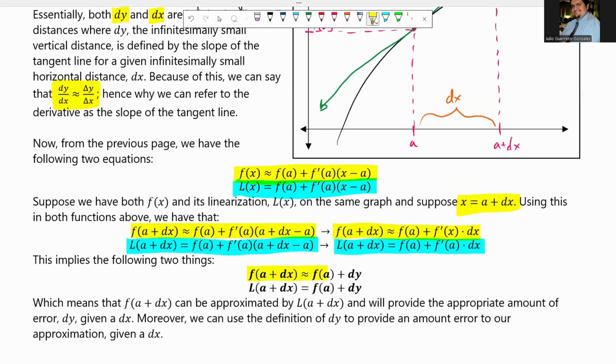That f of a plus dx is equivalent to f of a plus some small infinitesimal distance dy, right? So we call that a name. We say that the linearization, the tangent line approximation of a plus dx, is the same thing as my f of a plus an infinitesimal distance dy, which is f prime of a times dx.